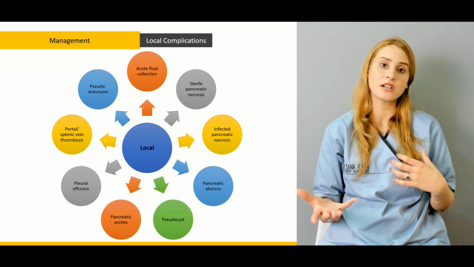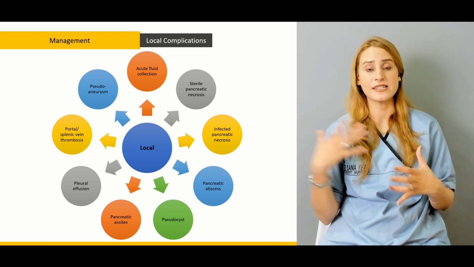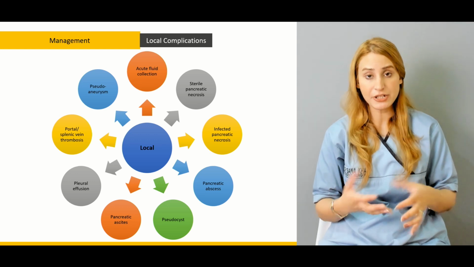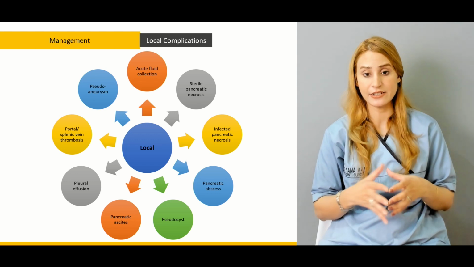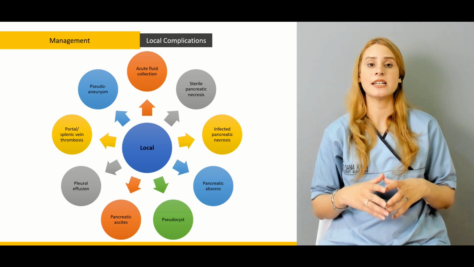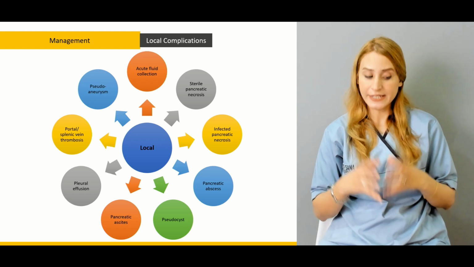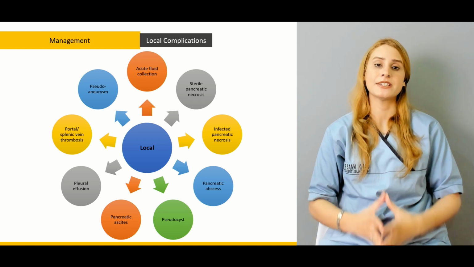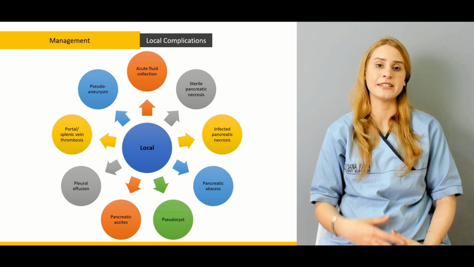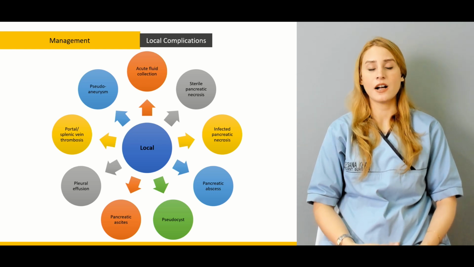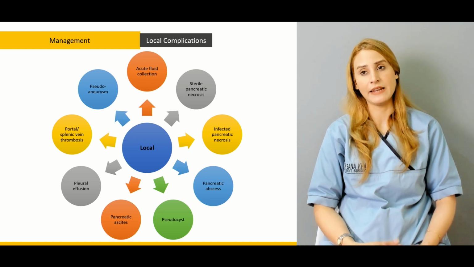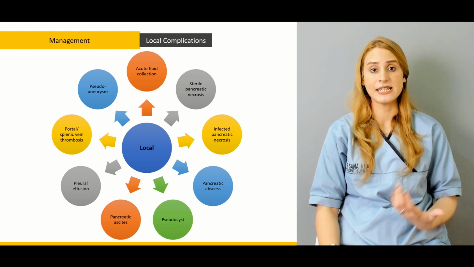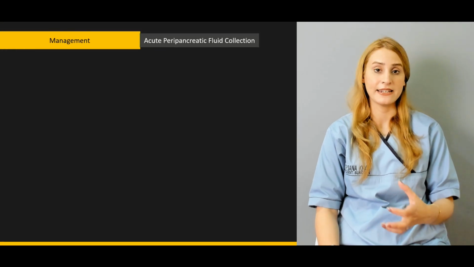If we talk about the local complications, there can be pseudocysts, hemorrhage, abscess formation, sterile or infected pancreatic necrosis, pseudoaneurysms, pleural effusions, and pancreatic ascites. If we talk about multi-organ failure, then there can be cardiovascular complications, shock, arrhythmias, and acute renal failure. So that's how the severity of the pancreatitis should be calculated.